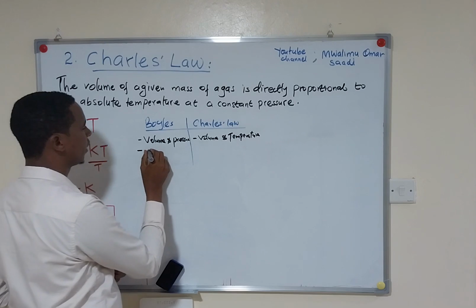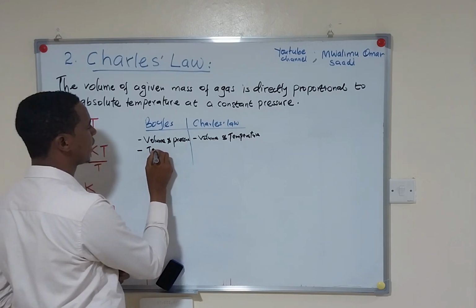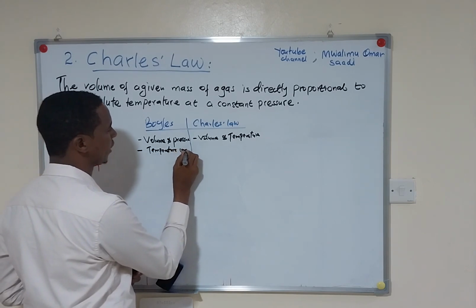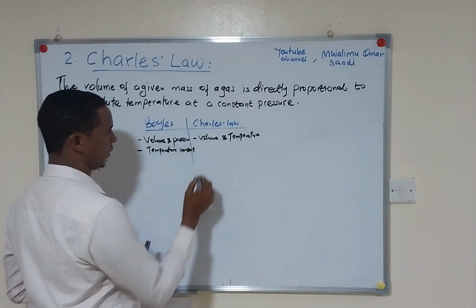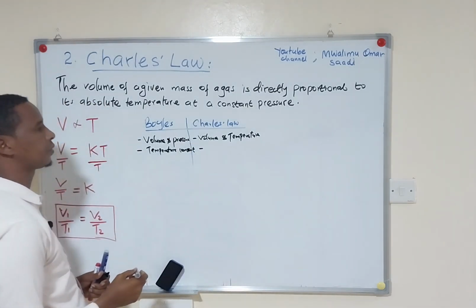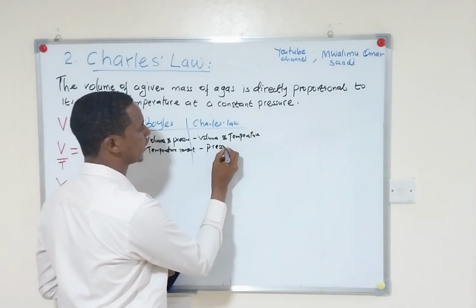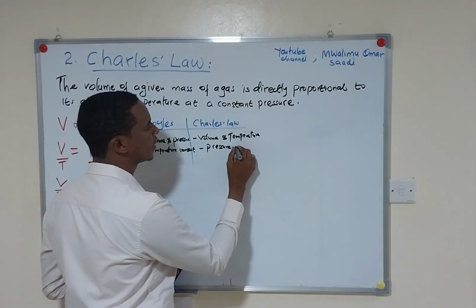For Boyle's law, the temperature is kept constant, and for Charles' law, pressure is kept constant.